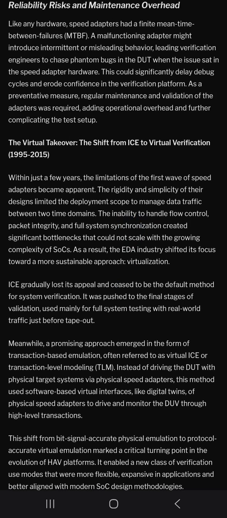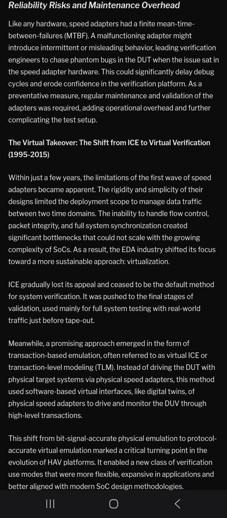The virtual takeover, the shift from ICE to virtual verification, 1995 to 2015. Within just a few years, the limitations of the first wave of speed adapters became apparent. The rigidity and simplicity of their design limited the deployment scope.